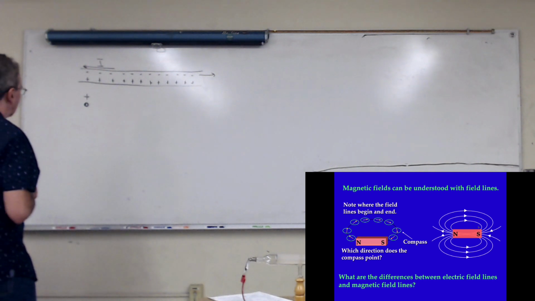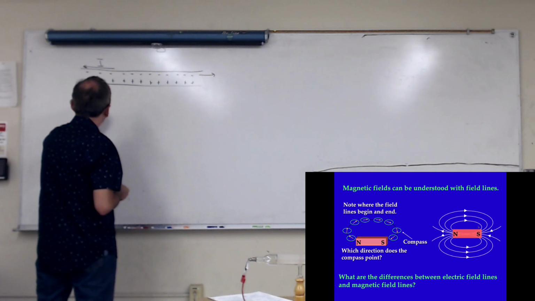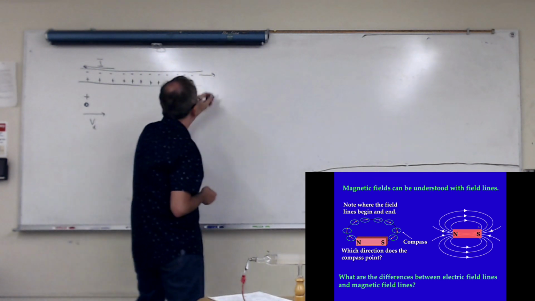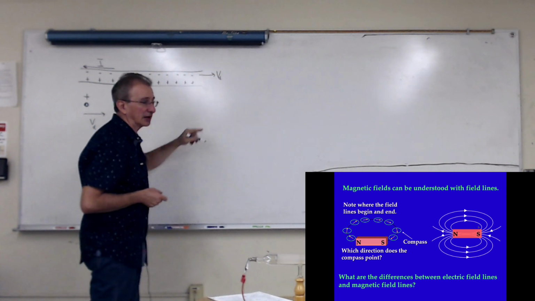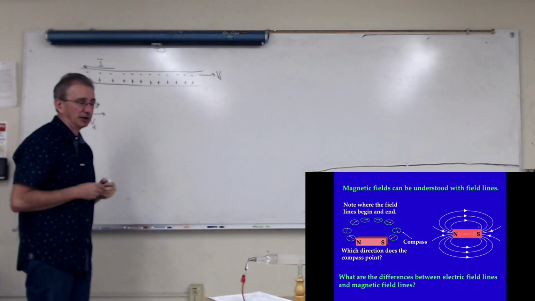Now, let's let the charge move to the right with the same speed as the drift velocity of the electrons. We're assuming this is constant. So let's let the charge go to the right at the same speed.